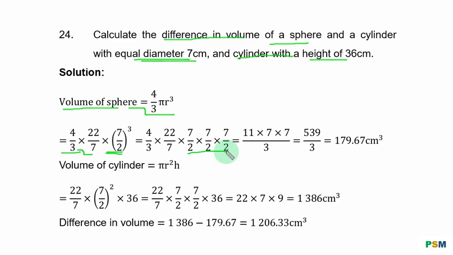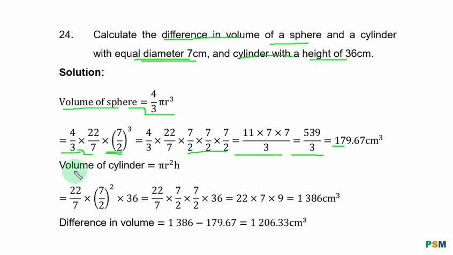At the end, you cancel out common terms. You are left with this. If you multiply, you have this result. Divide, you have 179.67 cubic centimeters.